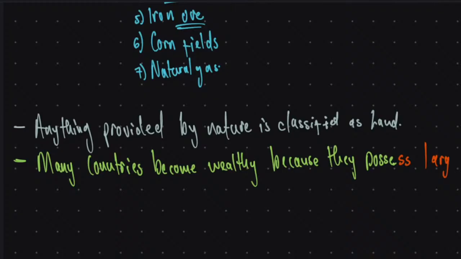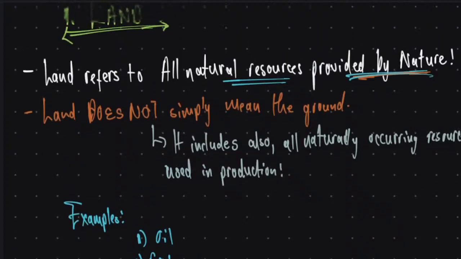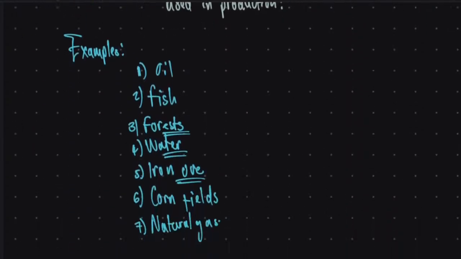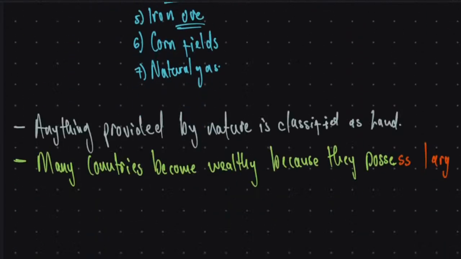The key word we are studying right now in economics for natural resources. Land. So the more the land, the wealthier you are. Well done. So they possess large quantities of natural resources.